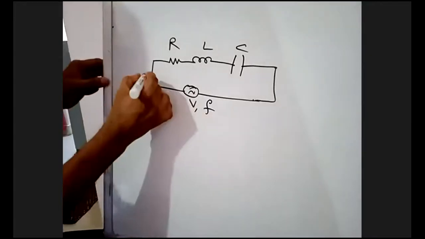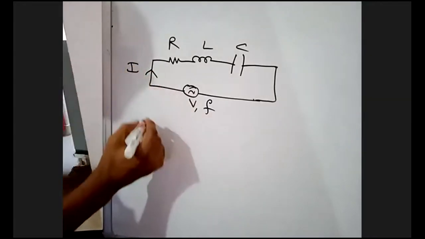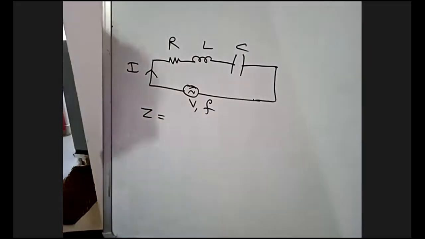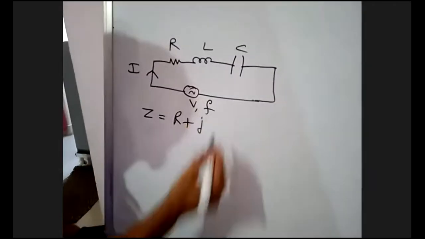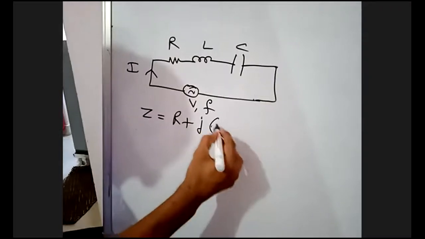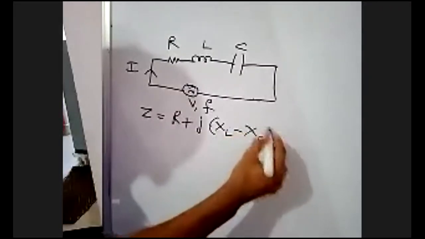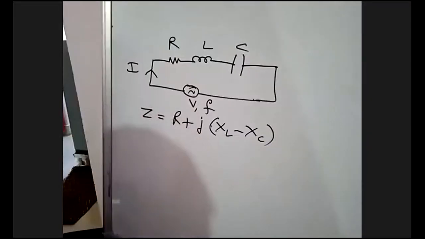Can you tell me the impedance of this circuit? Z is equal to R plus j into XL minus XC. This is the impedance of the circuit.